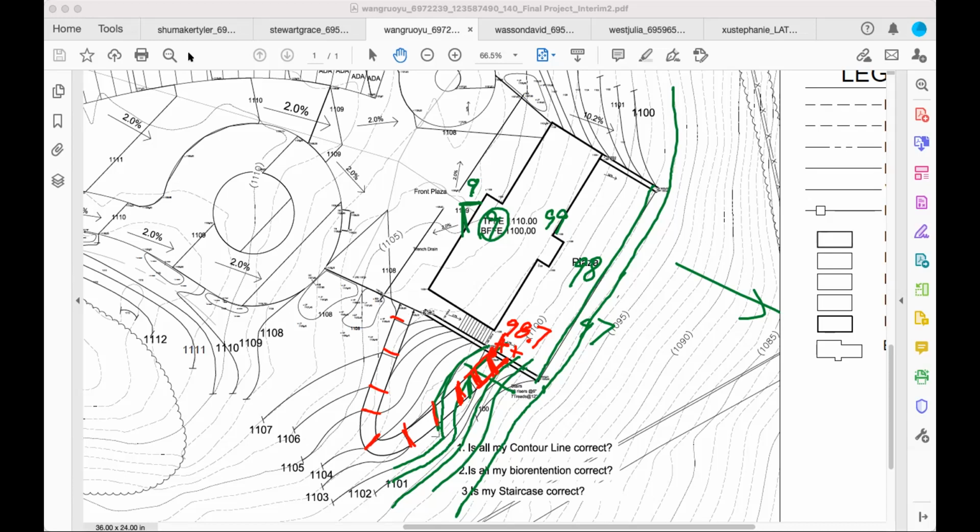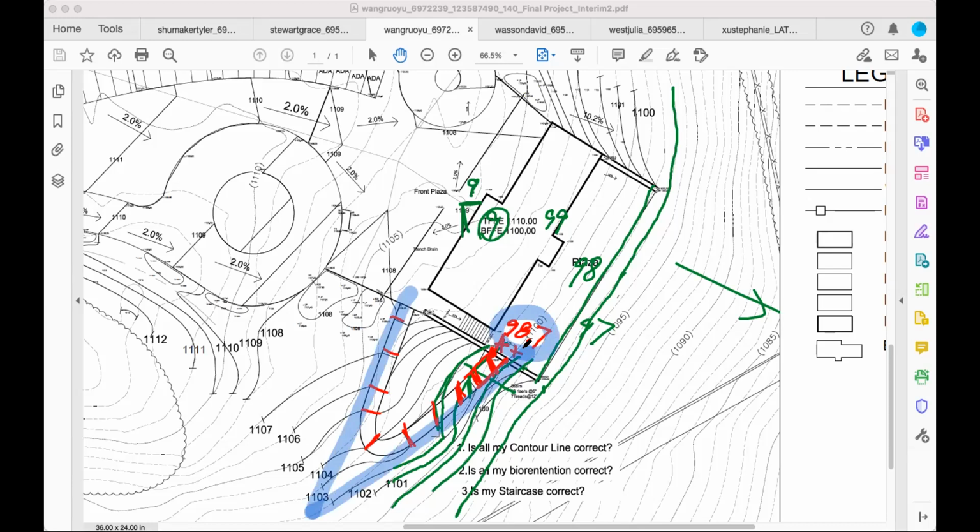Your easiest solution, the easy route, would be to swing this out. Yes, you're trying to connect to 98.7, and you just lengthen that. That's your easiest solution.